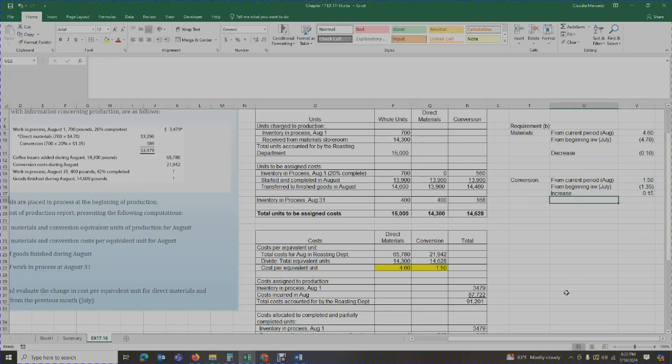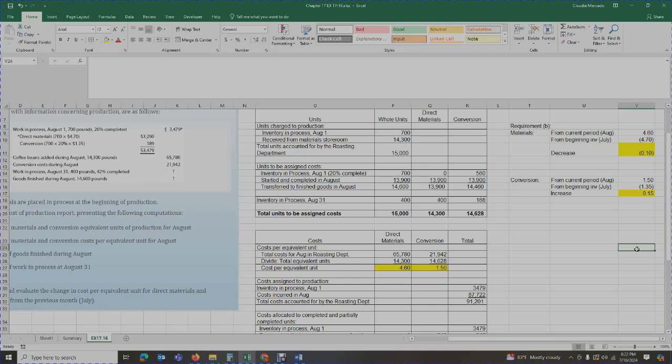So the cost per equivalent unit of materials decreased by 10 cents right here. Okay. So my cost per equivalent unit of materials decreased by 10 cents per pound, and the cost per equivalent unit of conversion costs increased by 15 cents per pound.